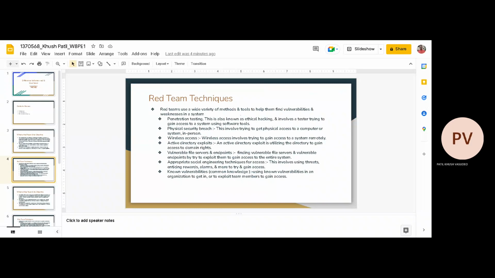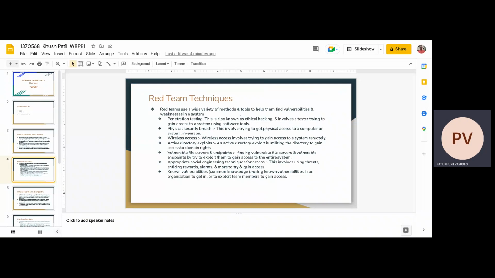Basically, in this, they use a directory to gain access to the domain. Active Directory is a database and set of services that connects the user with the network resources for their work to get done.